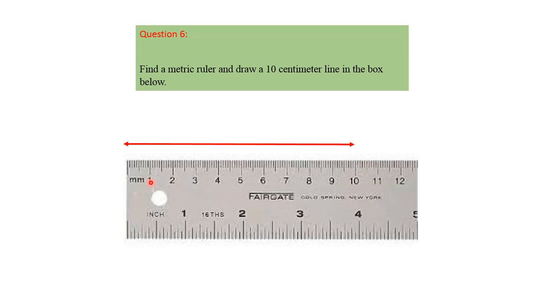And centimeters are the bigger marks, so there are 10 millimeters. Each of these little marks is a millimeter, and there are 10 millimeters in a centimeter. So here's our 1 centimeter, 2 centimeter, 3, 4, 5, 6, 7, 8, 9, 10. So that's 10 centimeters, or it is 100 millimeters.